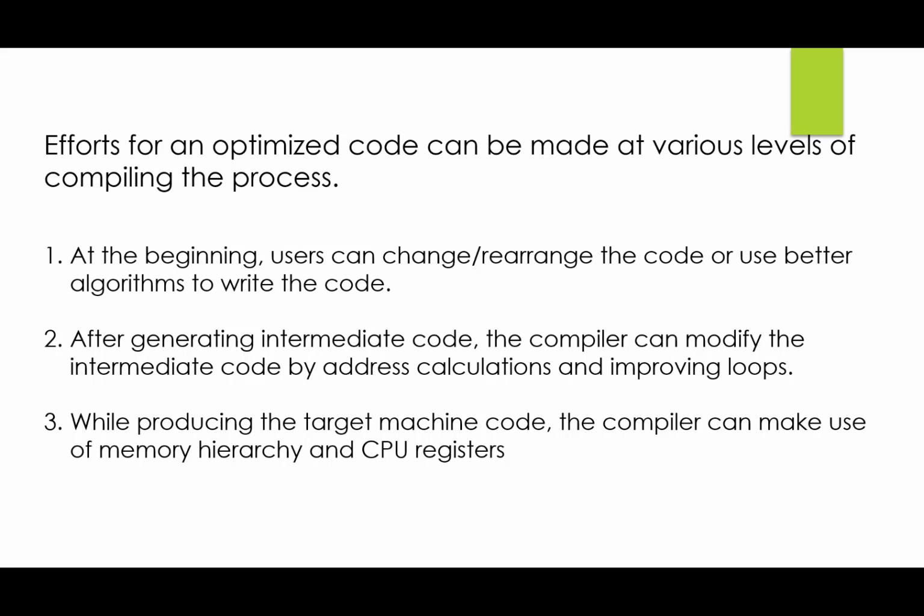In optimization, most of the problems are found in loops, so improving loops is very important. Third, while producing the target machine code, the compiler can make use of memory hierarchy and CPU registers.